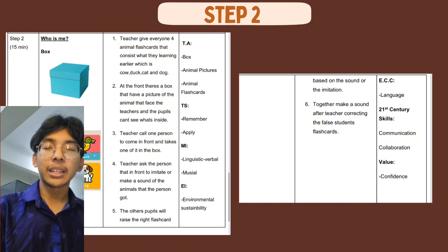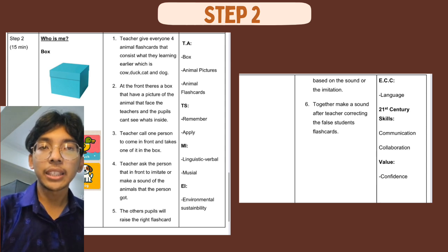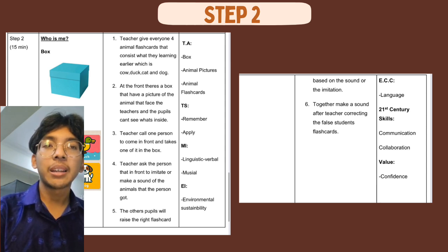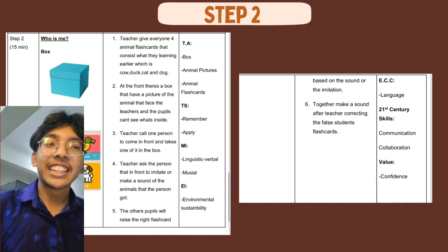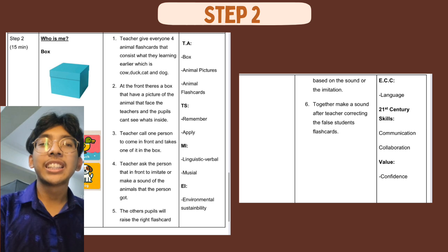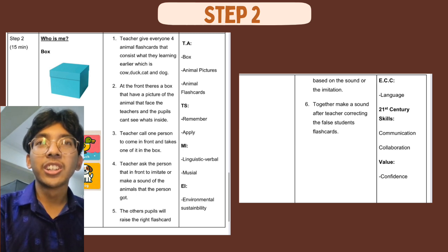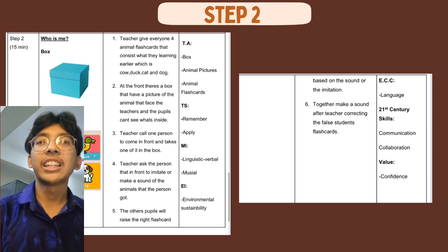The teacher will ask that person to imitate or make the sound of the animal they got. The other pupils will raise the right flashcard to recognize the sound of the animal.